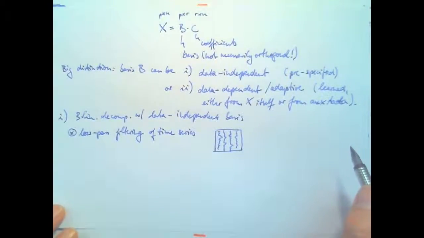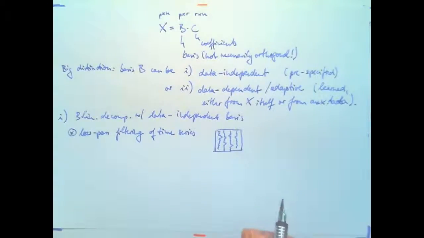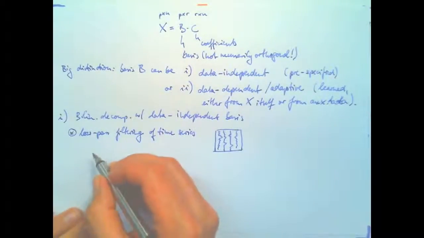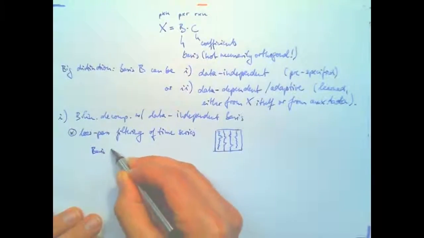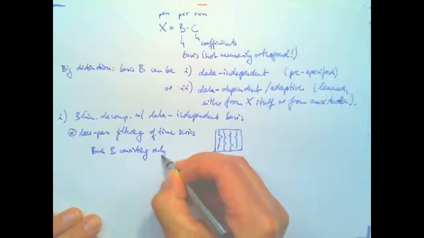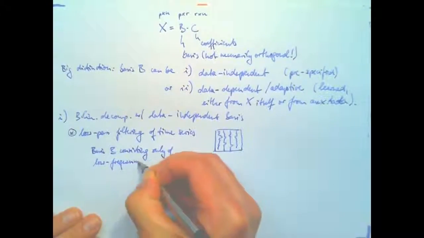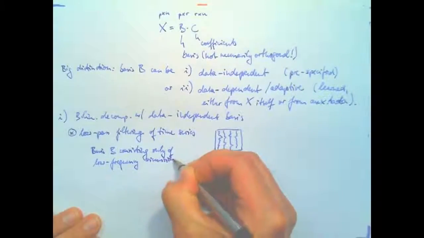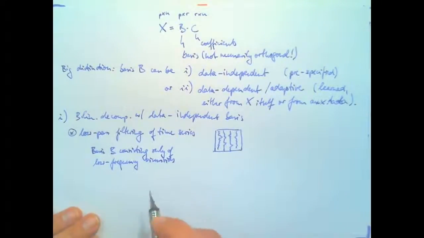And one example would be if you simply discard the high frequencies, which is not the best thing to do if you want to do low pass filtering, but you could say that you would use a basis B consisting only of low frequency sinusoids. Depending on which sinusoids you use, this would simply give you the Fourier transform.